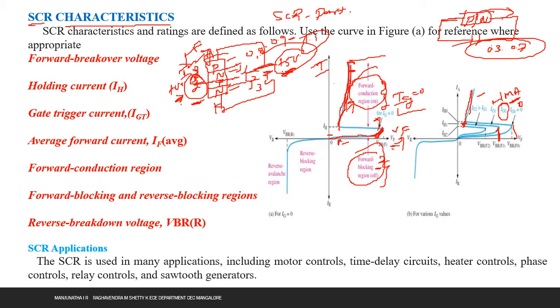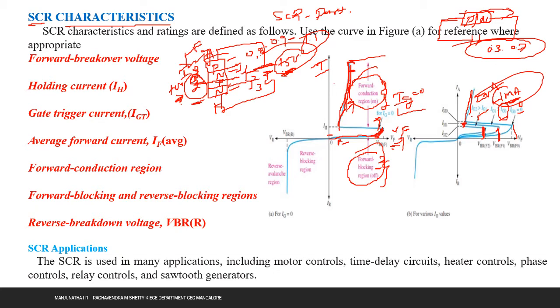Now I'm going to increase the gate current from 1 milliamp. This is Ig0, Ig1, and this is Ig2. Ig2 is greater than Ig1: Ig1 is 1 milliamp, now it is 2 milliamps. The support from the gate is now increased, so we are able to break down those three PN junction layers even earlier.